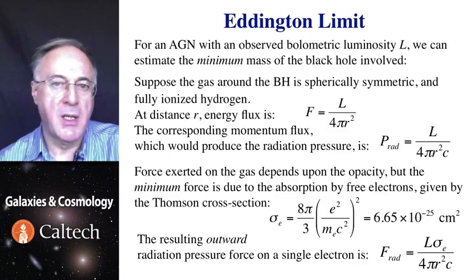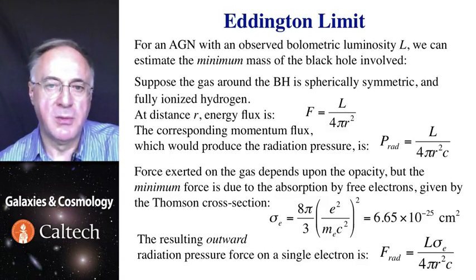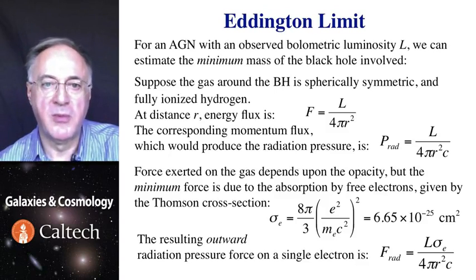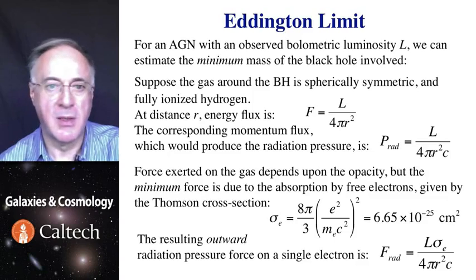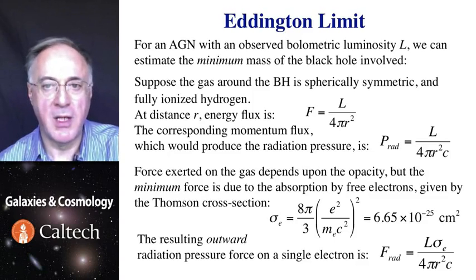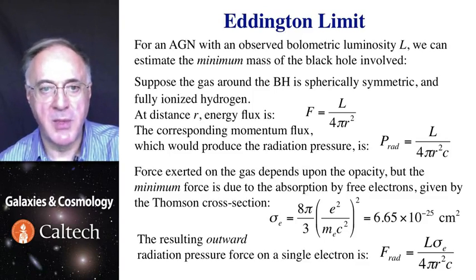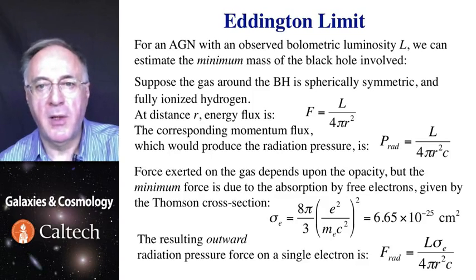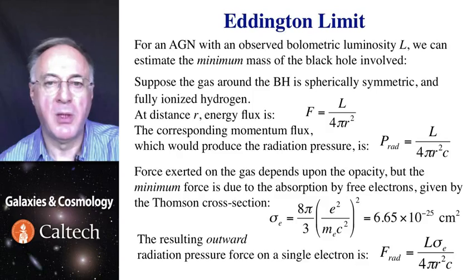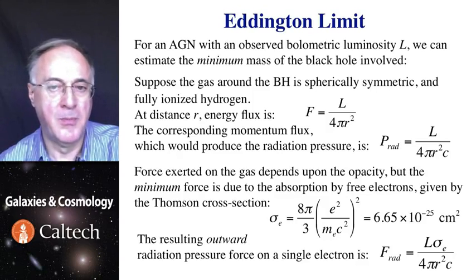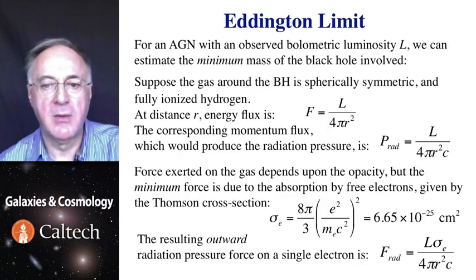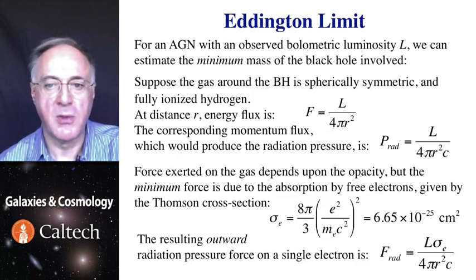And electrons can be susceptible to radiation pressure, absorb photons, and so there is essentially a radiation-driven wind. On the other hand, the gravitational field pulls them back. So for a given mass, there is a certain critical luminosity above which the stuff will be blown away by the radiation pressure. And you can compute that using the cross-section for absorption, the so-called Thomson cross-section for free electrons.